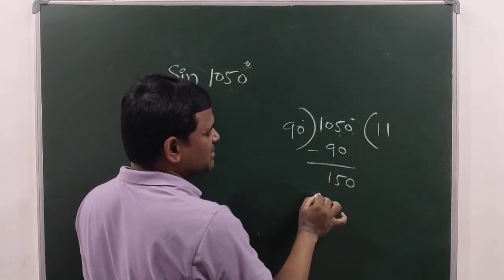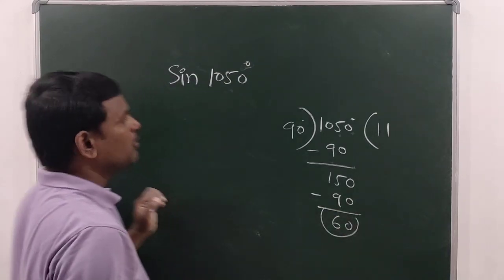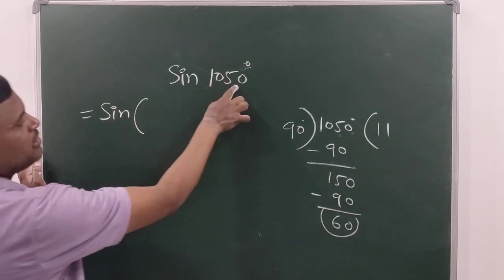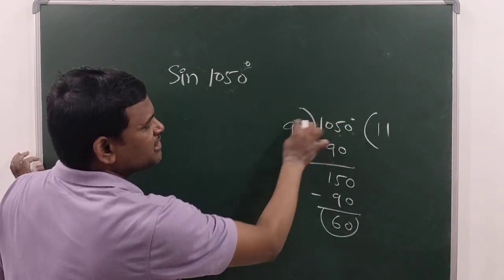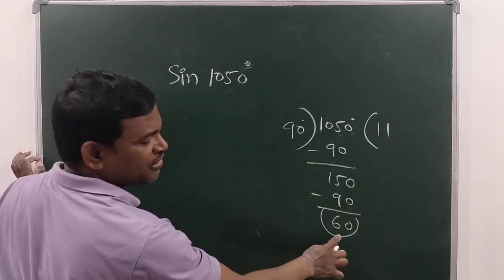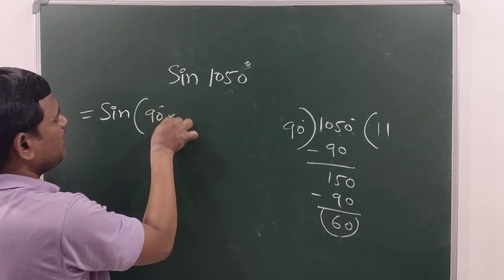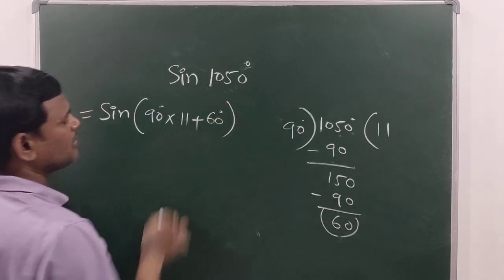Now again 90 ones are 90. Remainder is 60. Now come back here. Sine of 1050. You know the division rule: dividend is equal to divisor into quotient plus remainder. Remainder is 60 degrees.